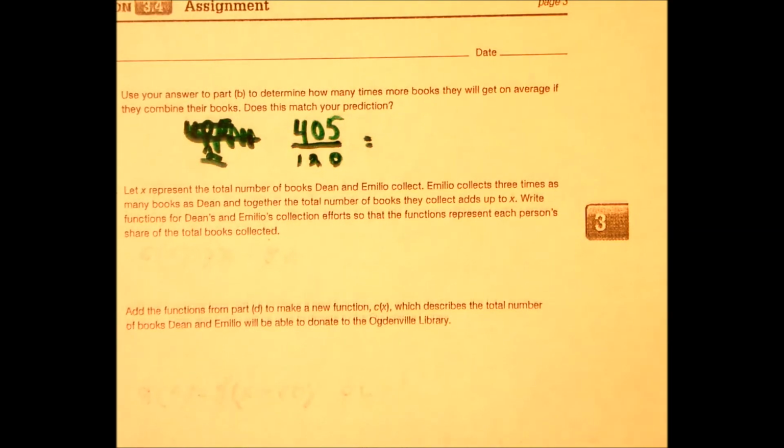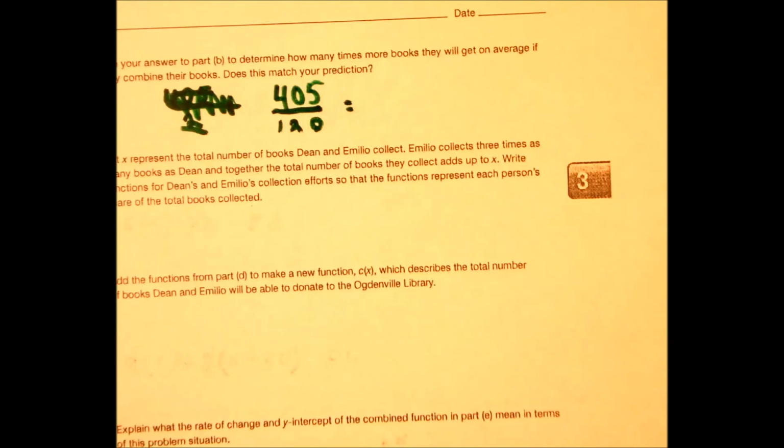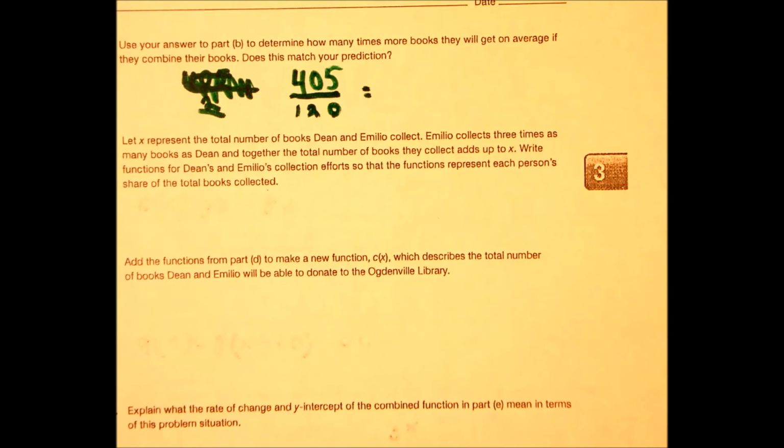H, it says, let X represent the total number of books that Dean and Emilio collect. So now we're changing it. We're saying that X is the total number that both of them collect. And Emilio collects 3 times as many books as Dean.